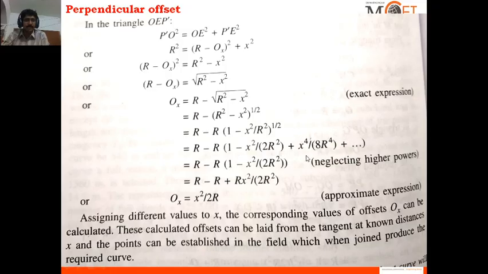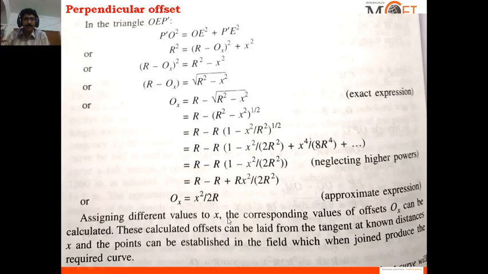The higher terms will be neglected. So if you multiply the R inside, R minus R gets cancelled, minus into minus is plus, and you get x square by 2R, the same expression which we got for the radial offset. So for approximation we can use this, right?